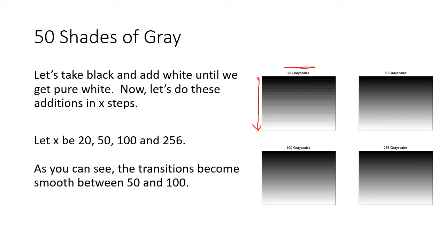On the right, we have done the same in 50 steps, where we go from black to white in 50 steps. And here we have 100 steps, and here we have 256 steps. As you can see, the transitions become smooth somewhere between 50 and 100 steps.